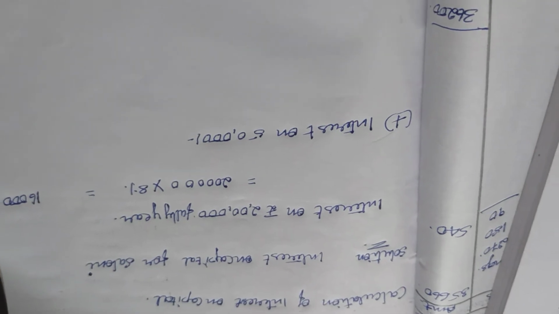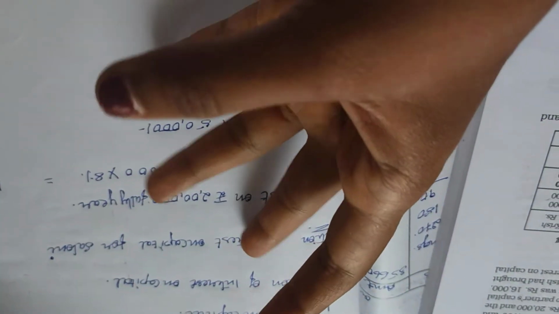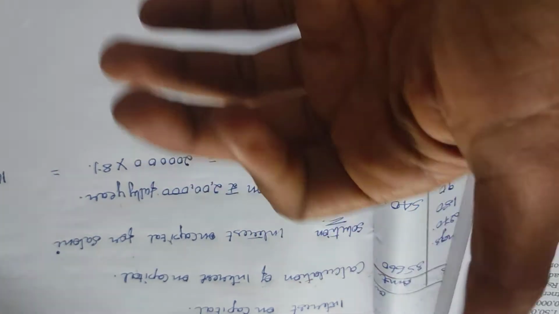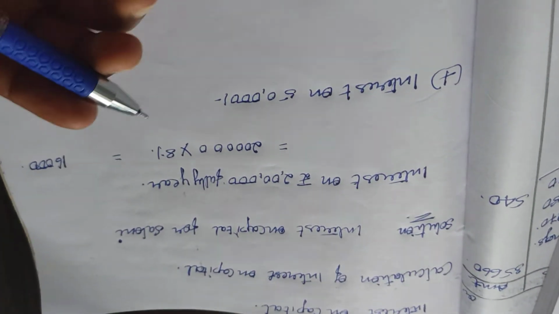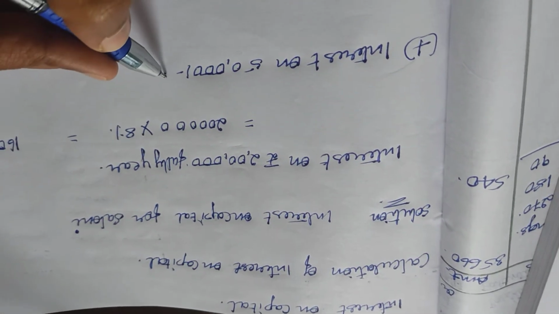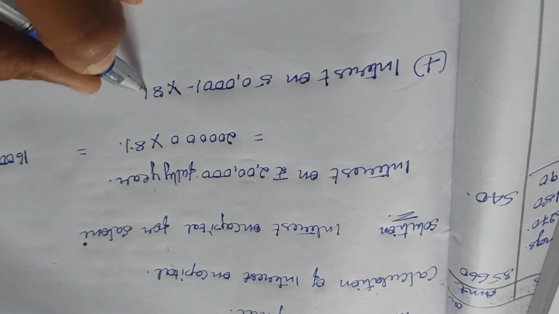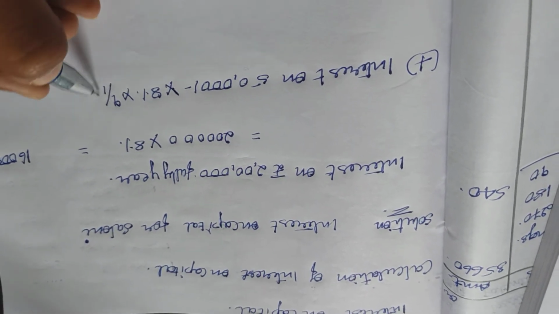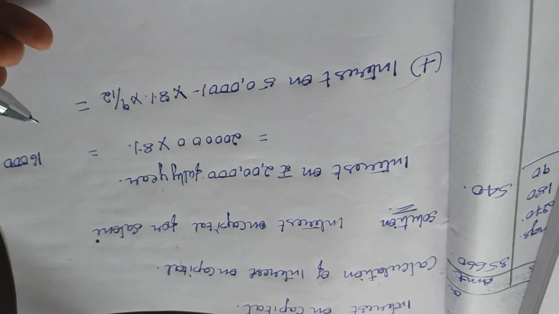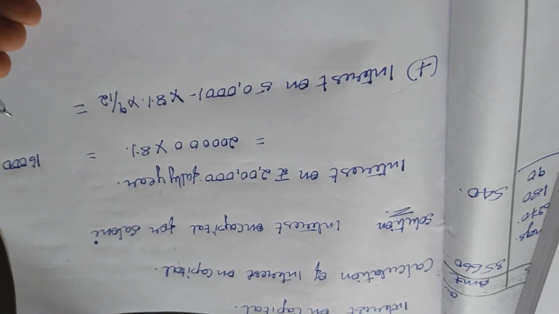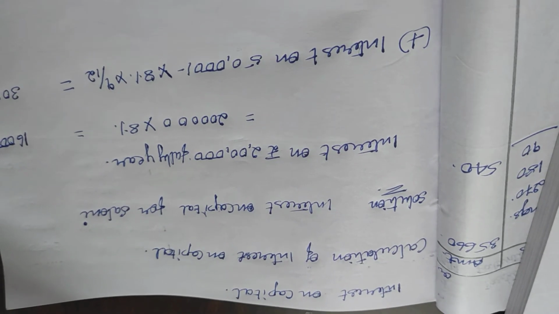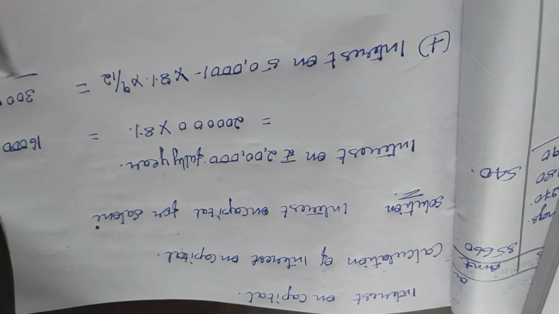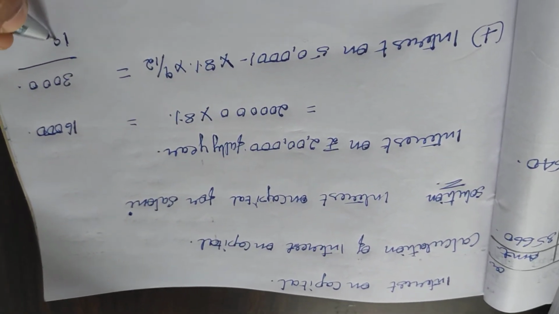So only from July we have to calculate: July, August, September, October, November, December, January, February, March. So 9 months. This is the additional capital into 8% into 9 by 12. It comes to 3,000. So the total interest is 19,000.